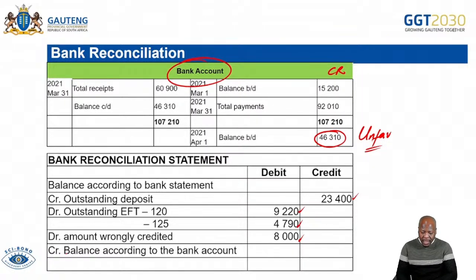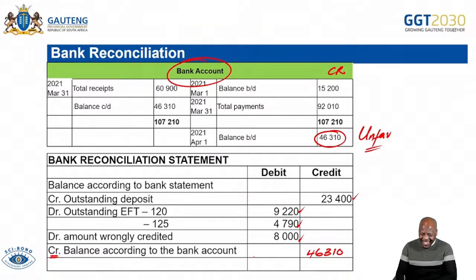I know that my balance as per bank account, it is what here? It is credit. So my balance according to the bank account is a credit balance. And how much is that? It is 46,310. And already here I'd indicated that it's going to be a credit balance.